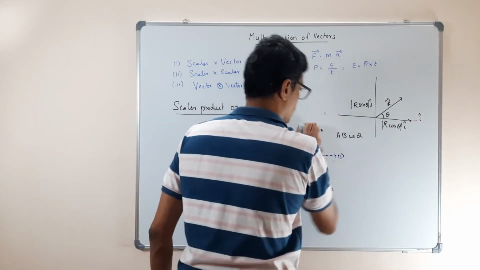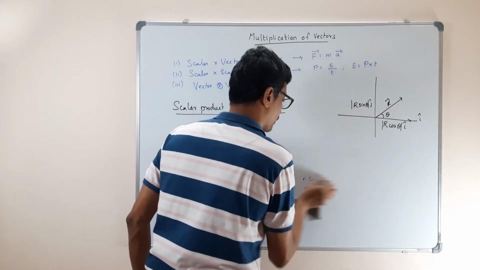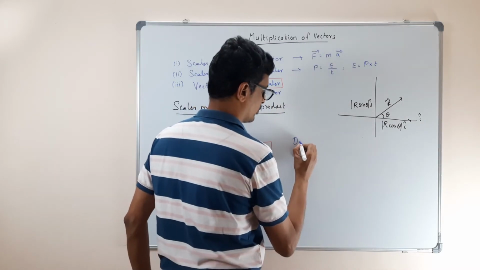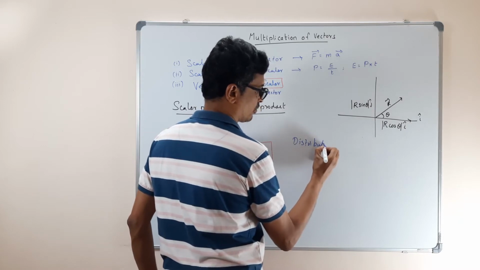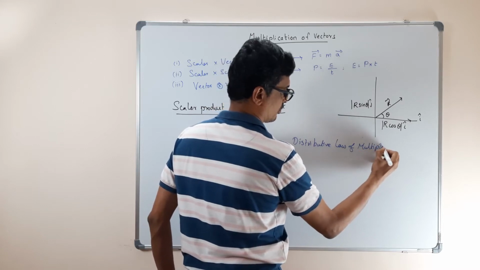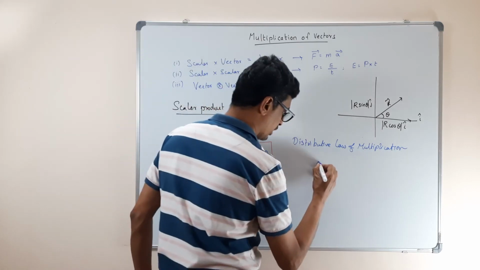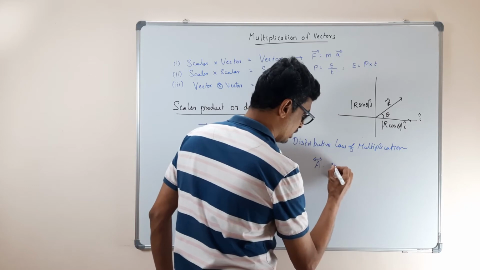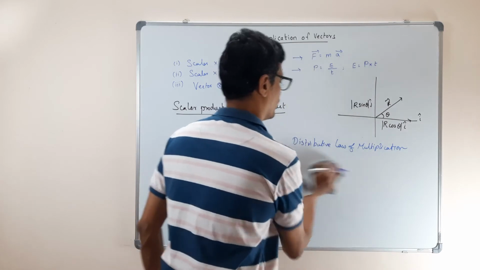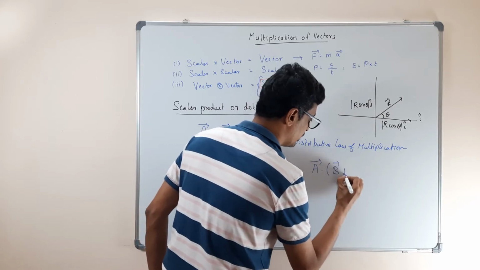The distributive law of multiplication: suppose you have A vector dot B vector plus C vector.